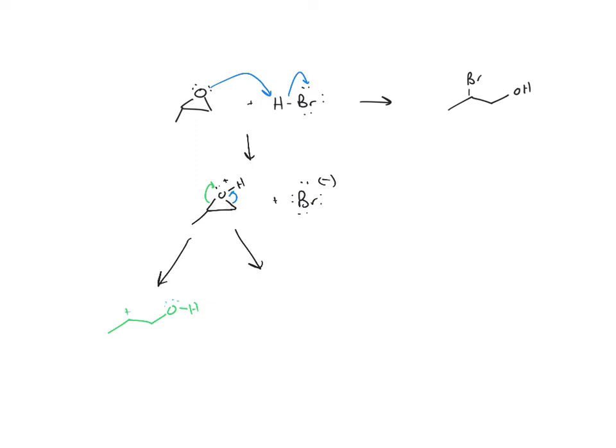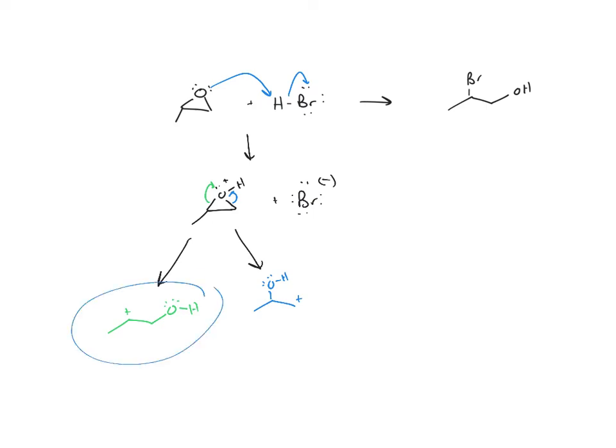And on the blue side, the opening will look something like this. And from what you know of organic chemistry up to this point, which one of those would be the favored one? The green one. Why? Secondary carbocation versus a primary carbocation.